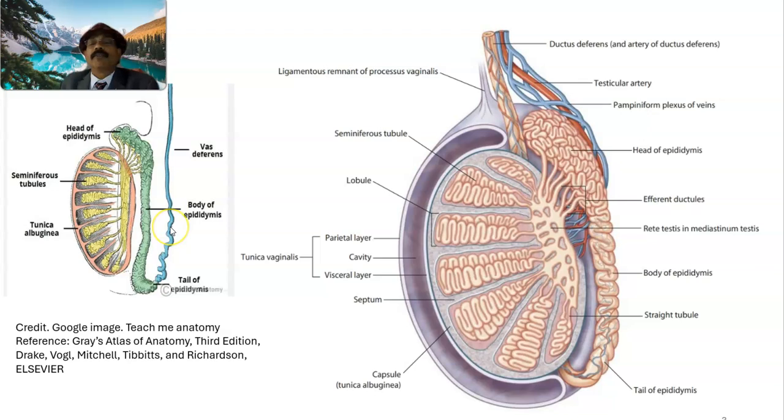Here it is more simplified. This is the spermatic cord, by which the testis is suspended in the scrotum. We are seeing the contents of the spermatic cord: the ductus deferens, the pampiniform plexus of veins, and the testicular artery.